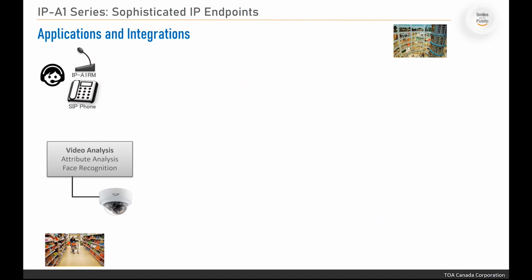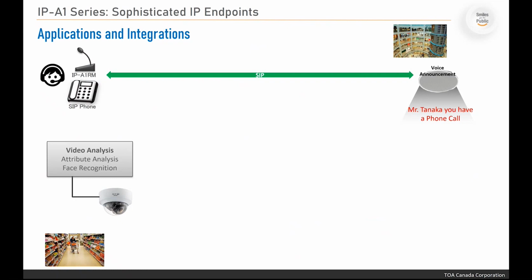When using the IP-A1 system, you can do the following. In such an application, we can have a system that can do SIP calls. So you can use your SIP phone or IP remote microphone to do a voice audio announcement.